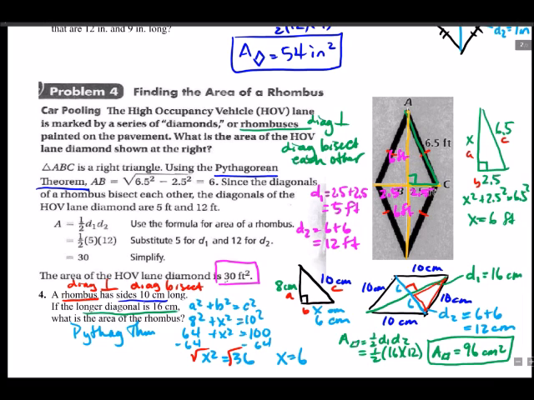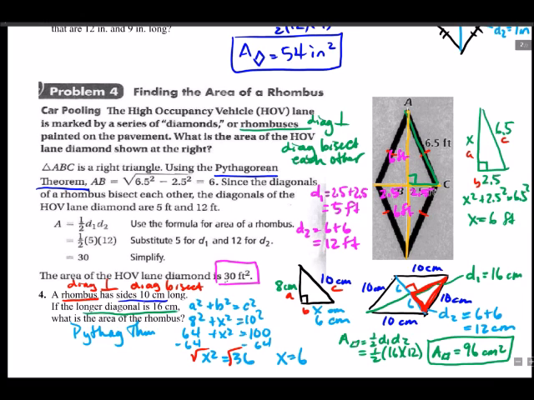But I do know that on a rhombus, my diagonals are perpendicular and my diagonals bisect each other. And I see a right triangle right here. So I redrew my right triangle. I know that my hypotenuse is 10 centimeters. I know that my leg on the left there is half of the entire diagonal, so that's 8 centimeters. And then I am looking for the bottom leg.